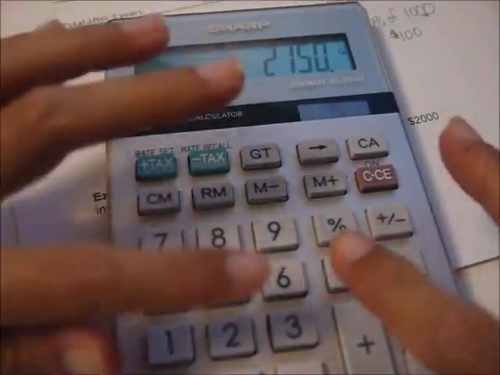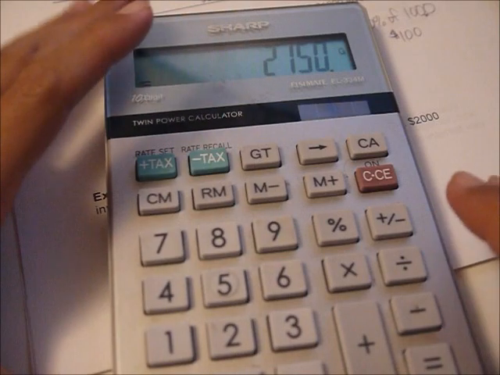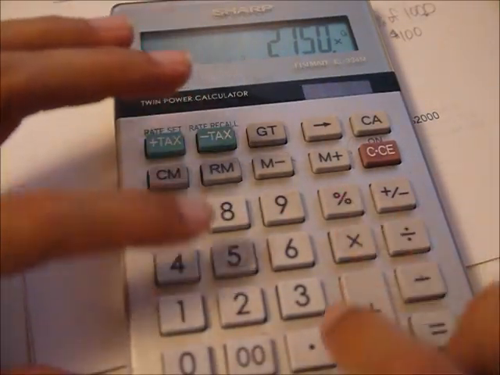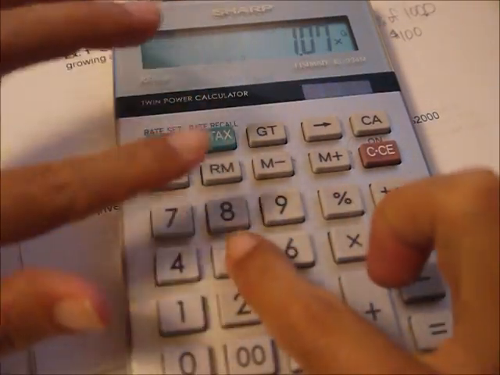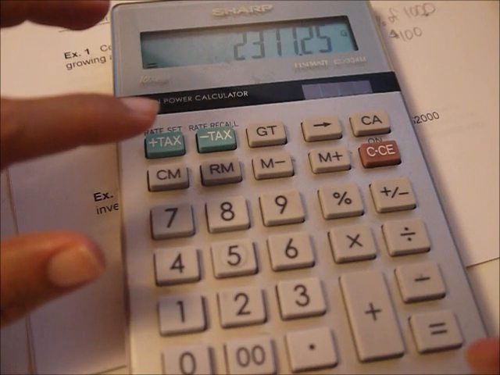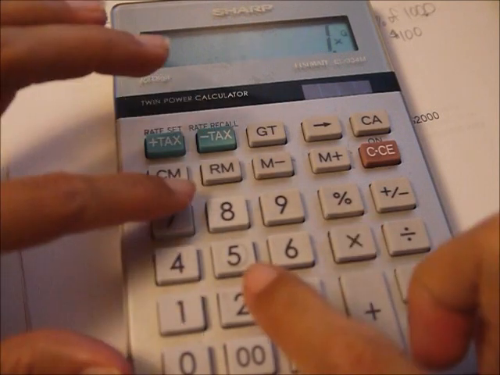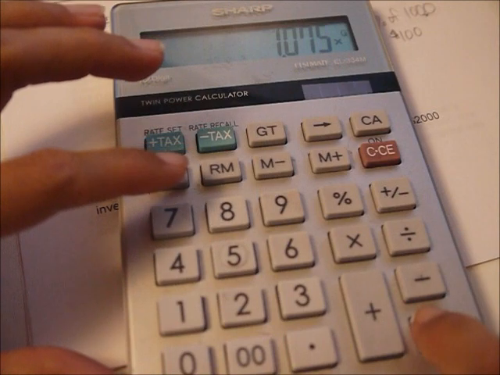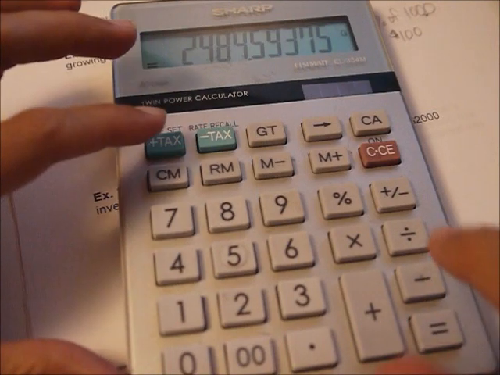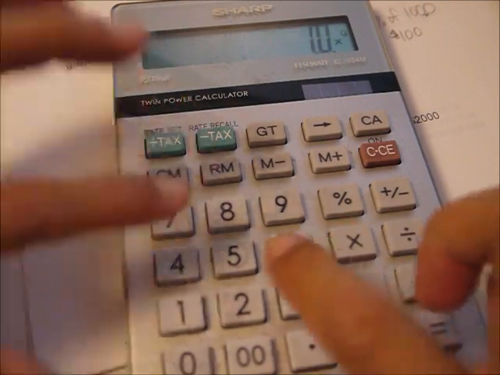Okay, so I'm going to just punch these keys 12 times. So times 1.075. Okay, that's 2 times 1.075. That's 3 times 1.075.